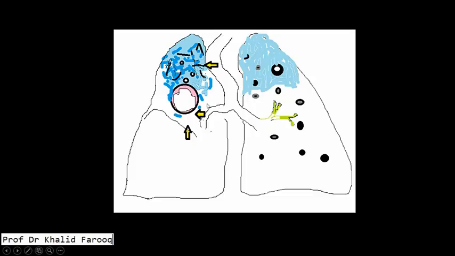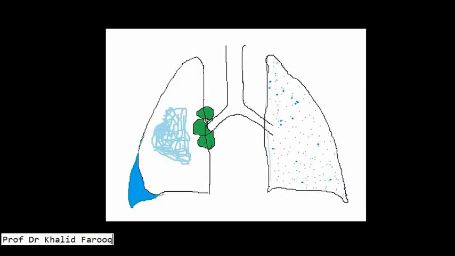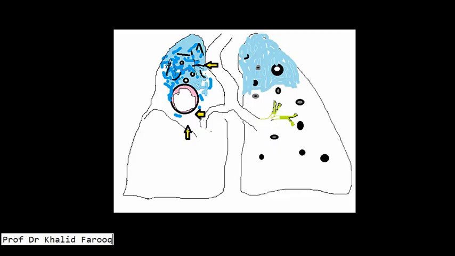We can see hilar pull on this side as well, and here we can see minor fissure is lifted toward this lesion. Usually lymphadenopathy and effusion is very less common in post-primary tuberculosis. So these are two classic imaging characteristics regarding pulmonary tuberculosis.